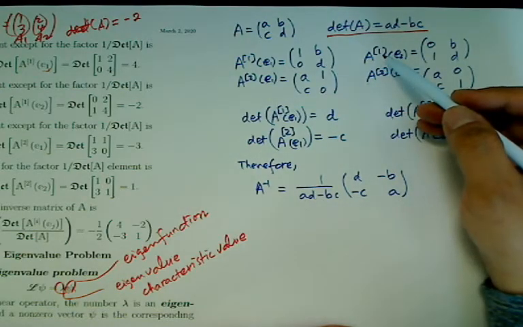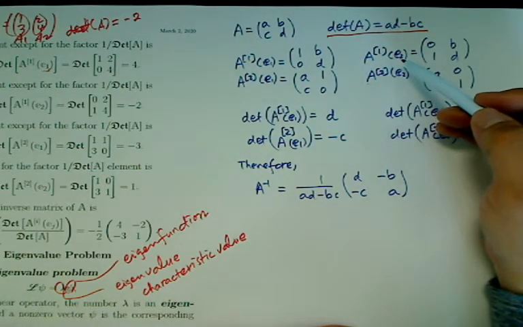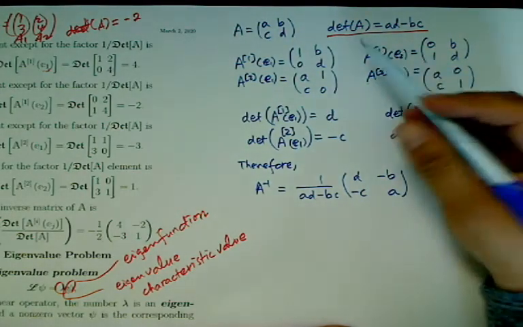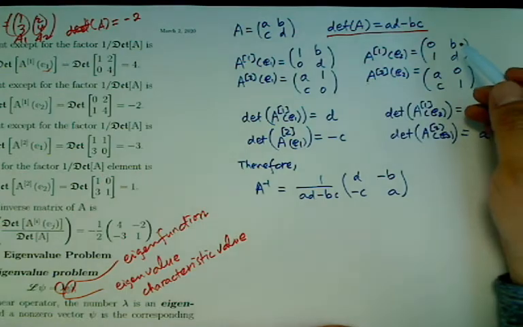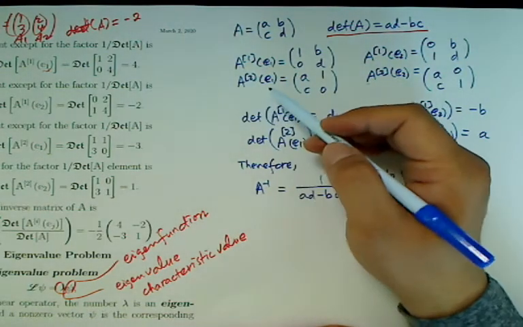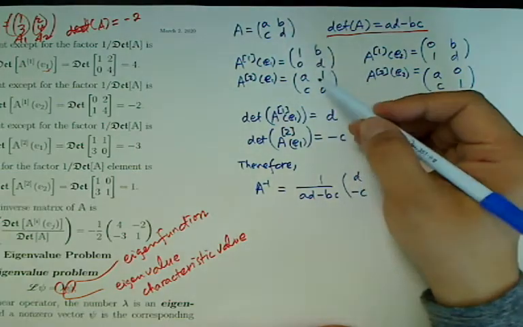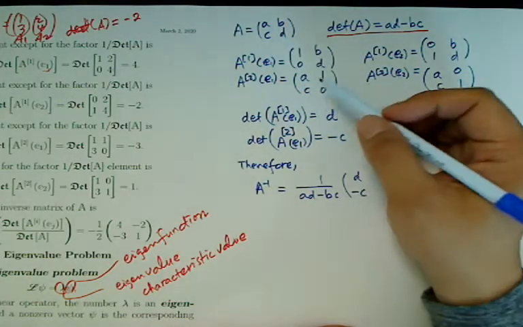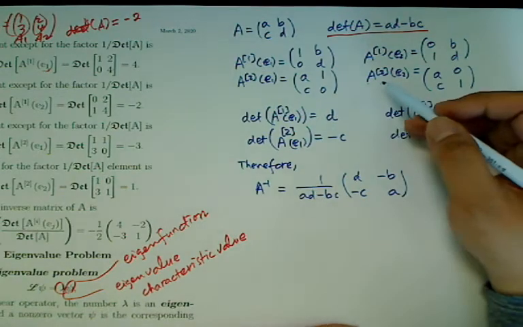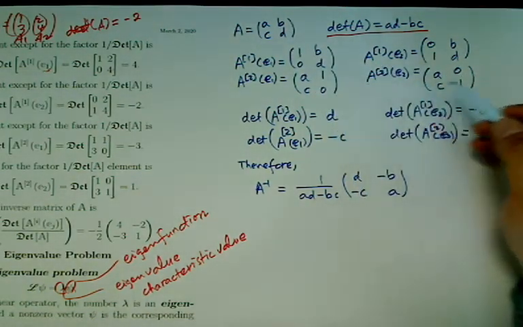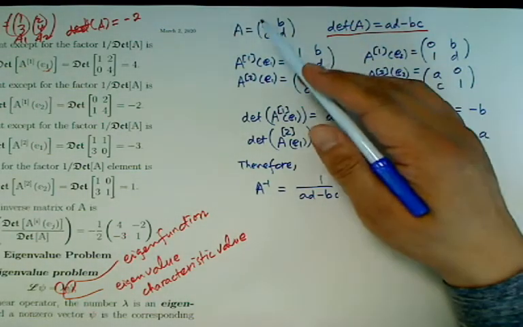The first column is replaced with E2, 0 1, and B, D are copied. The second column is replaced with E1, that is 1 0, and A, C are copied. And 2 2, the second column is replaced with E2, and A, C are copied.